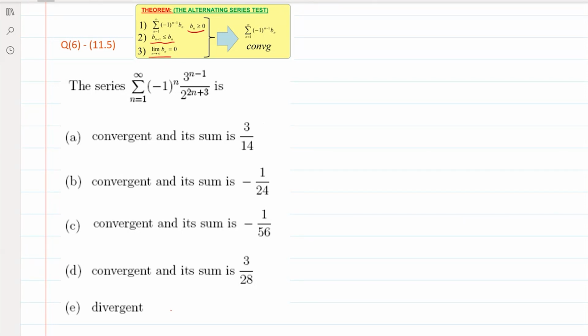After simplification, it will be 3 to the power n over 4 to the power n multiplied by 24.